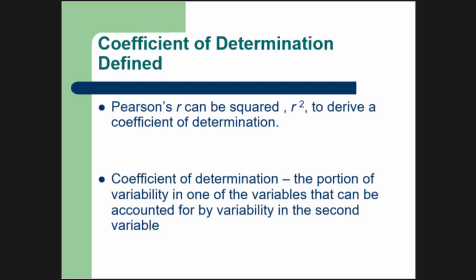Basically, how much the outcome is affected by the risk factor. For example, let's say the correlation is 0.8. You square it, it becomes 0.64. 64% of the outcome is determined by that risk factor.